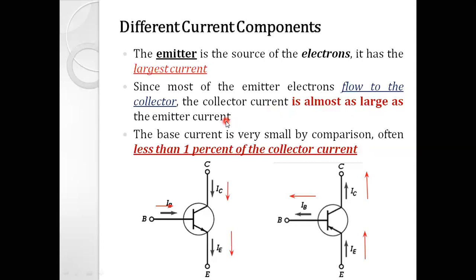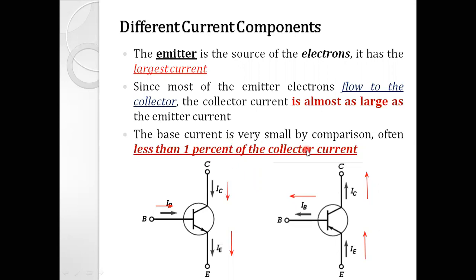right? As we have seen earlier in this session, when we operate the BJT in the active region, most of the majority carriers emitted by the emitter region go to the collector region, and because of that the magnitude of the collector current is also high, nearly about the emitter current.